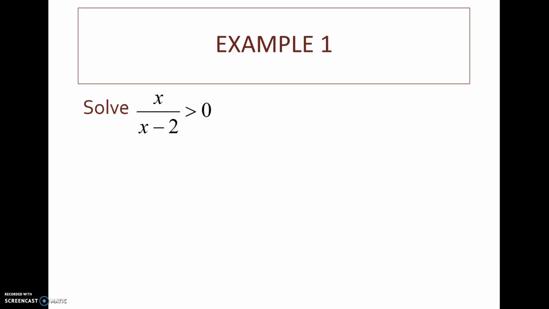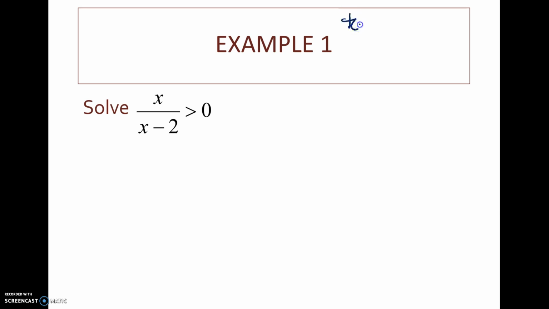Okay, find this slide in your notes. It says example 1, x over x minus 2 is greater than 0. When you have a rational function, this is a rational function. Rational means fraction. This is actually a lot easier. Your critical points come from when does the top equal 0 and when does the bottom equal 0.